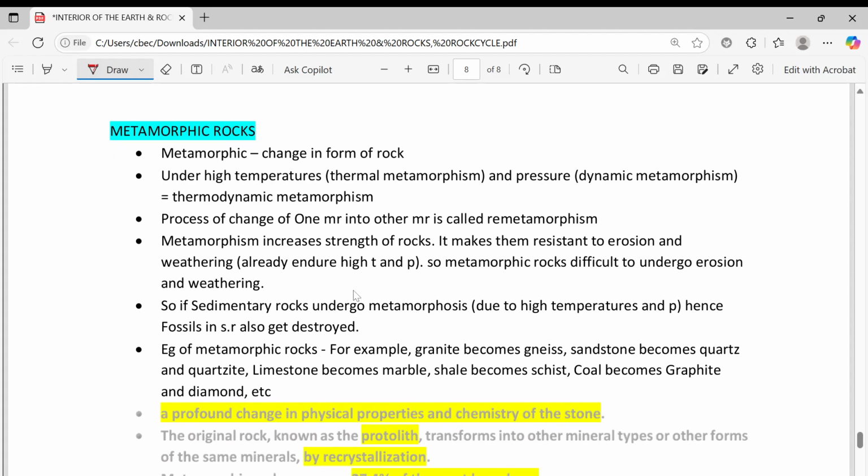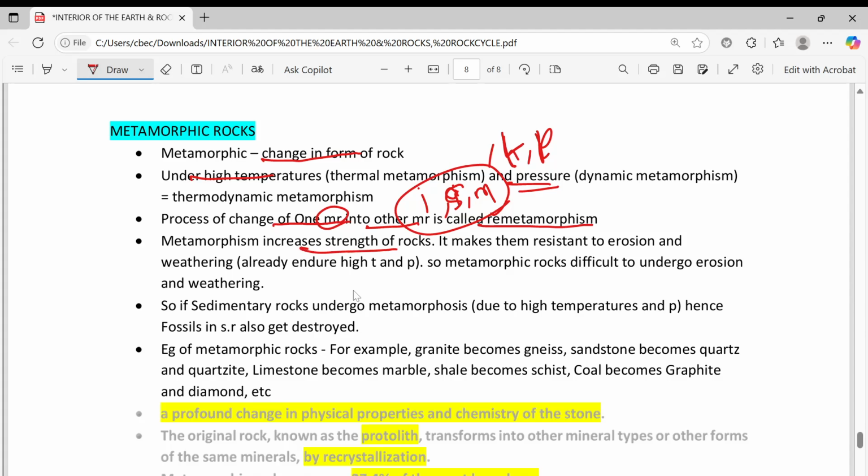Then metamorphic means you apply high heat and high pressure. It is a change in form: metamorph, change in form. Whether it is igneous, sedimentary or metamorphic rock, if it goes under high temperature and high pressure, it will undergo metamorphism. The process of changing one metamorphic rock into another metamorphic rock is remetamorphism.